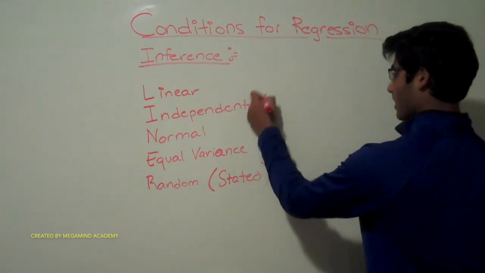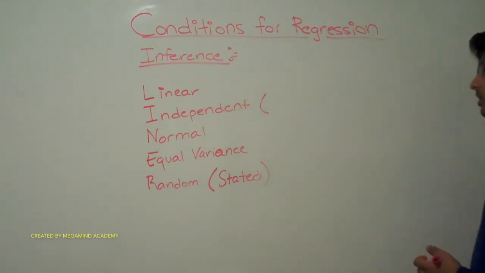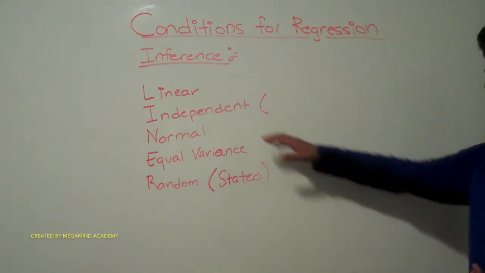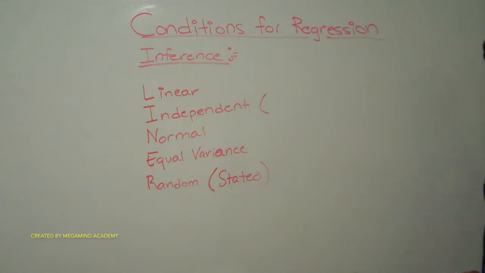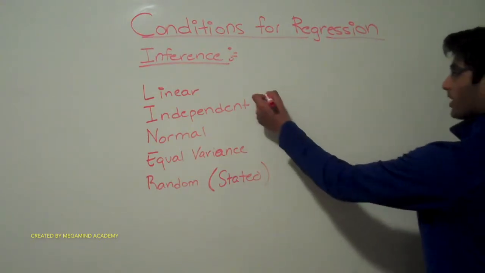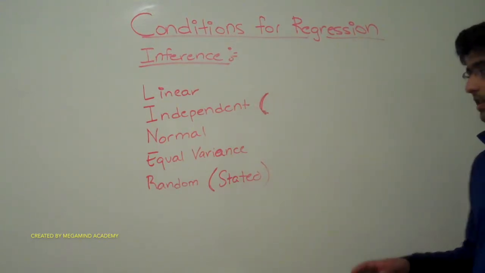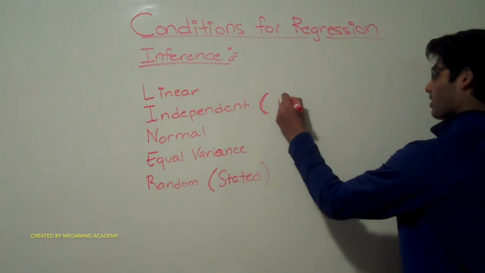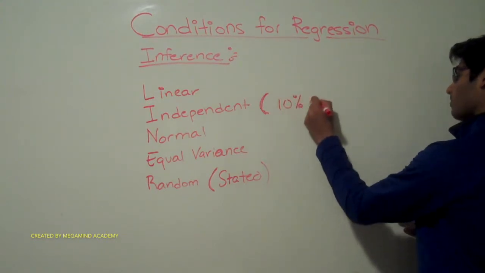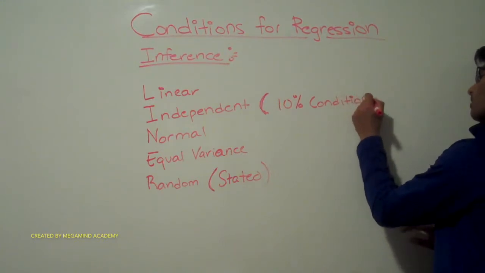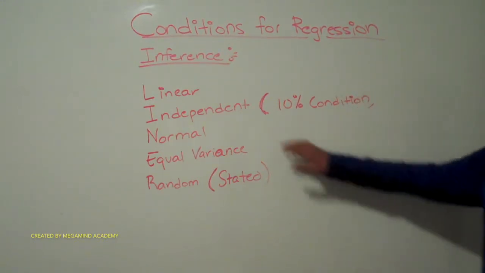It's independence. So each sample has to be independent. So we can figure this out through two ways. If you're selecting from a pool without replacement, then you have to follow the 10% condition. If you have replacement, then independence is a given.